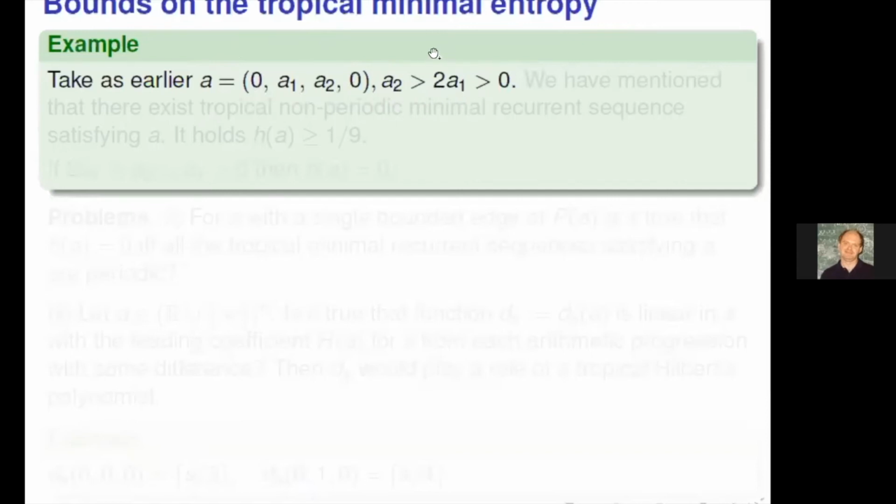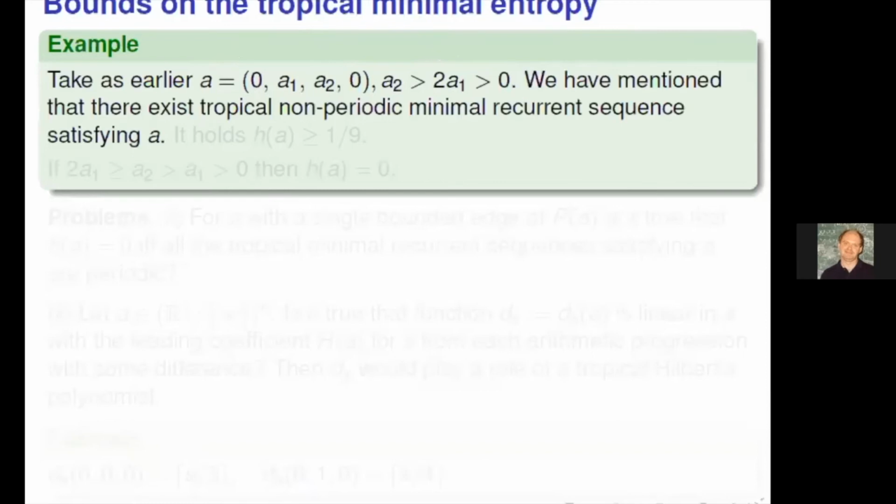I remind you that this was the case when tropical non-periodic minimal recurrent sequences exist. If the sign was opposite, they did not exist, and with this sign, they exist.